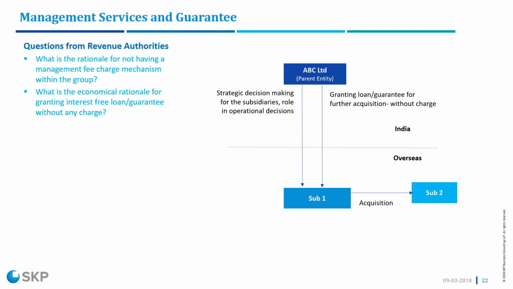For them, it's all one business, so the idea is how they can further their business in the overseas country. For these kinds of companies, generally we find that they don't have any management fee policy or an intangible policy in place.